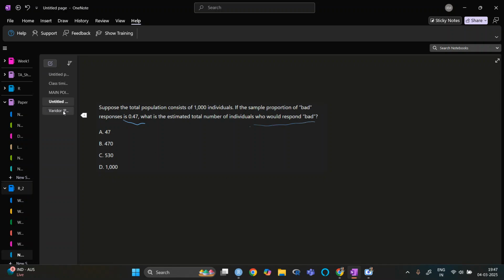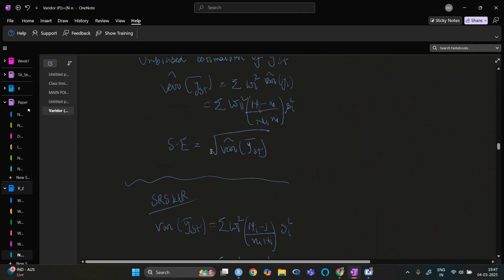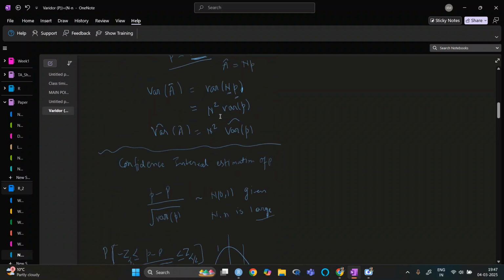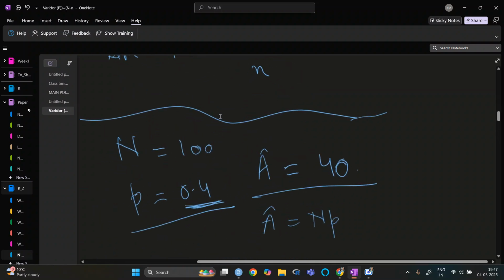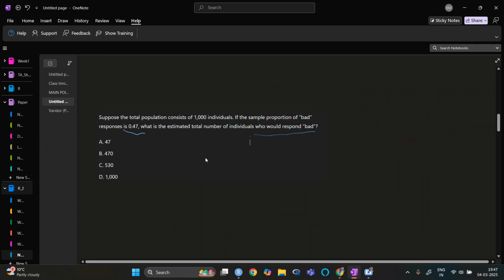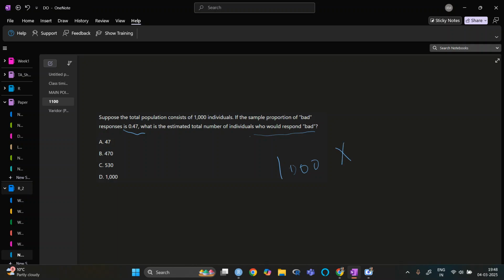What we have seen is that the population total is basically N times P, where N is this and P is the proportion. So if you multiply, it will give you the population total. Here 1,000 individuals are there and the proportion is 0.47. So if you multiply, it is 470. So 470 have responded bad.